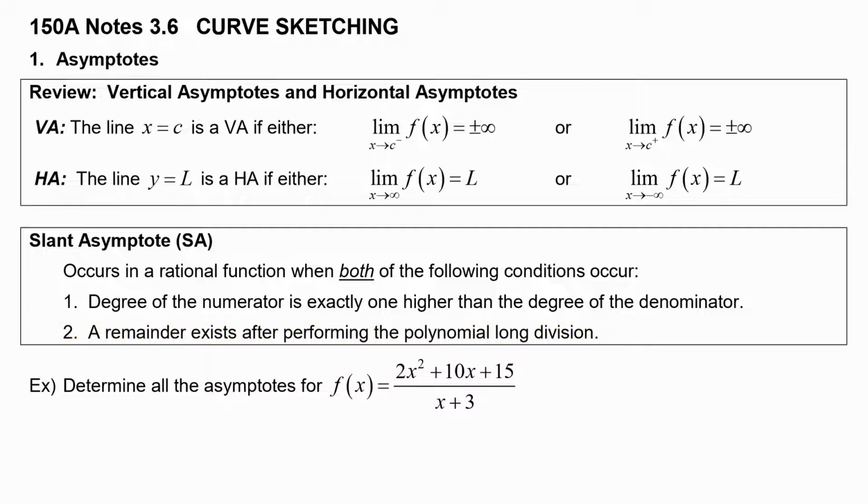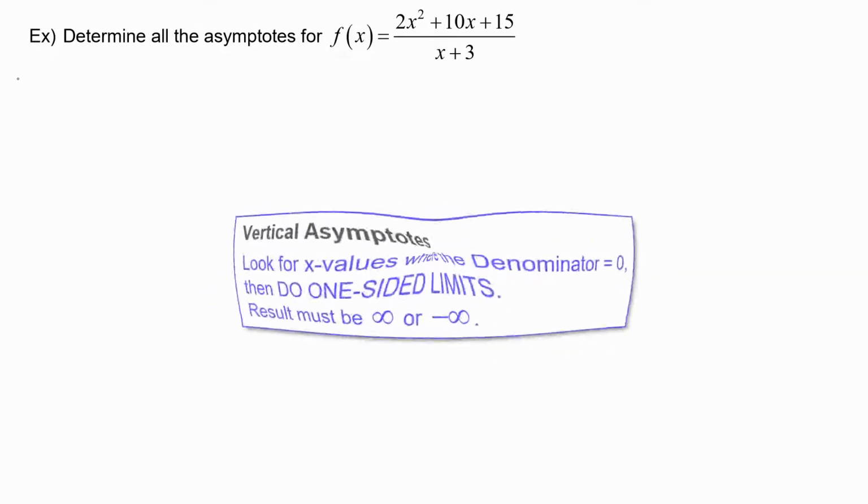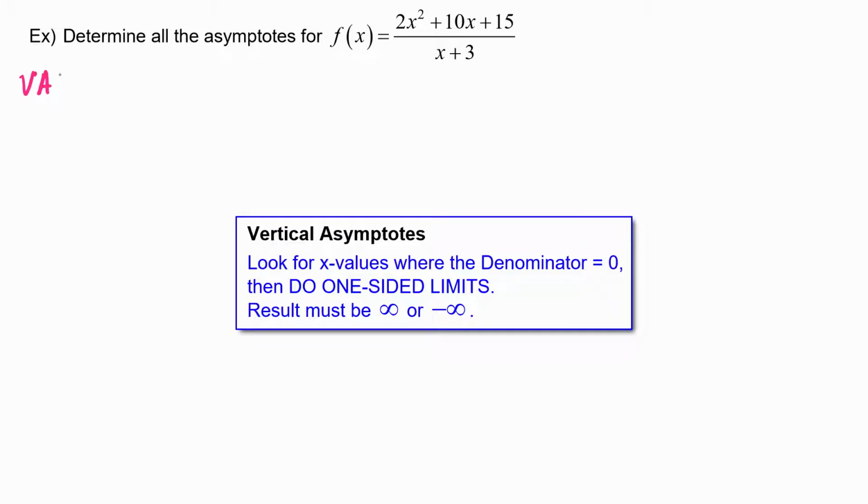So let's see how this is going to work using this example where we have to determine all the asymptotes for this given function. Now remember, for vertical asymptotes, we are going to look at the x values where the denominator would be 0, and if we have those, then we will do one-sided limits.